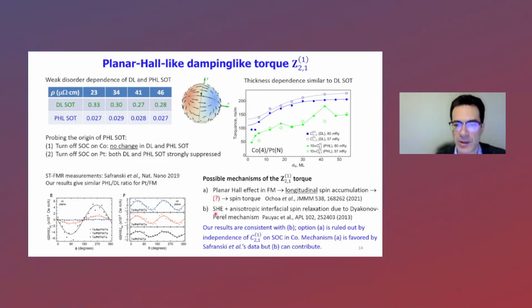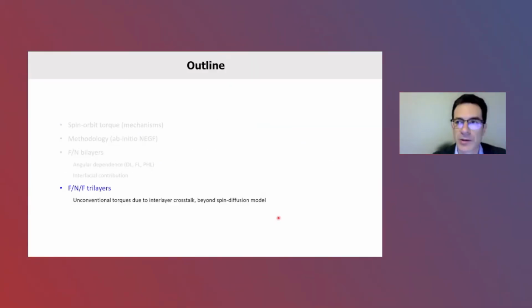The other possibility is that the Spin Hall effect in combination with anisotropic interfacial spin relaxation can also lead to this effect, as was shown in this paper, and our results appear to be consistent with this mechanism. So there's only a small amount of data available experimentally and theoretically as well, so more work is needed to understand the mechanisms of this effect. So now I'll turn to trilayers.